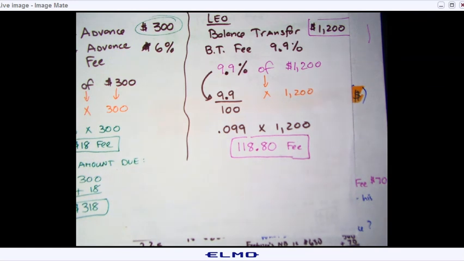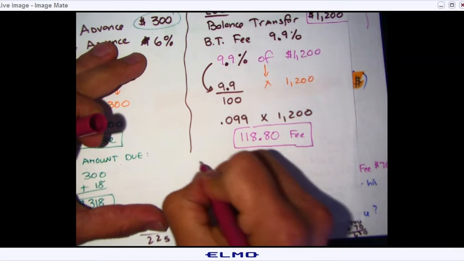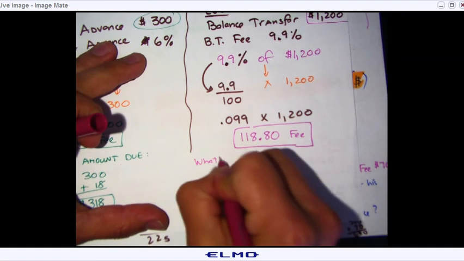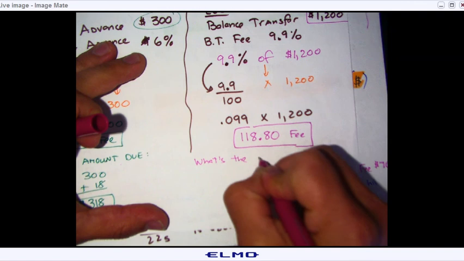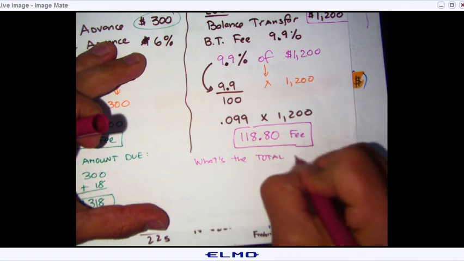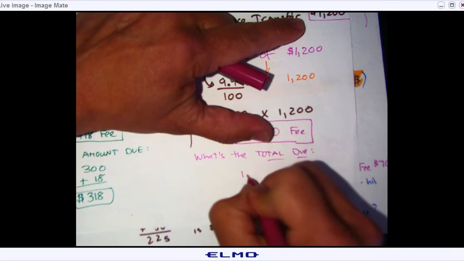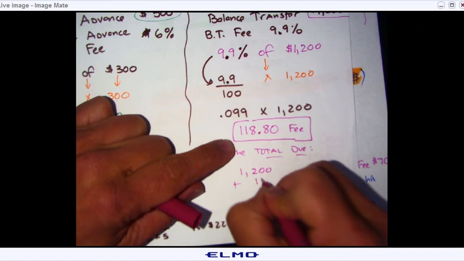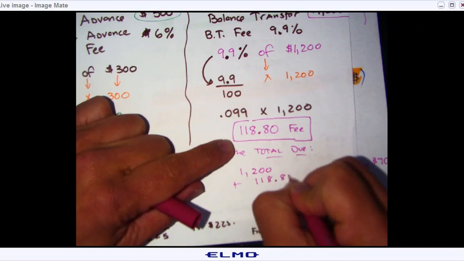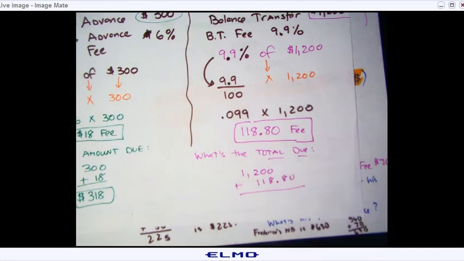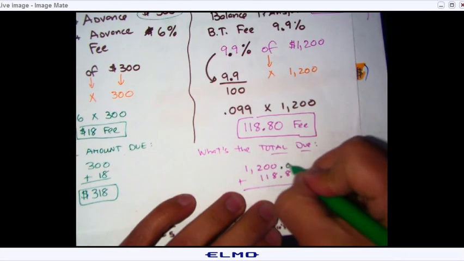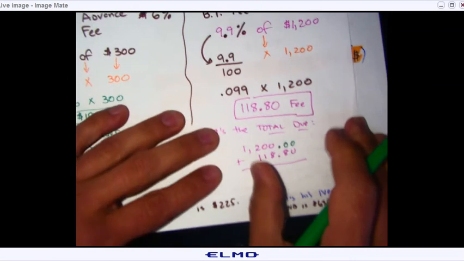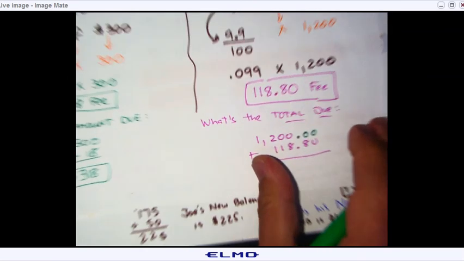Okay. Now, what is the total due then? What's the total due? Is 1,200 plus 118.80. So remember, you have to add the little decimal right here. This is where some of you guys will get confused. Add 0.00 if there's no decimals. Just add it.